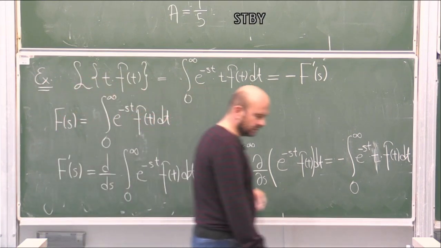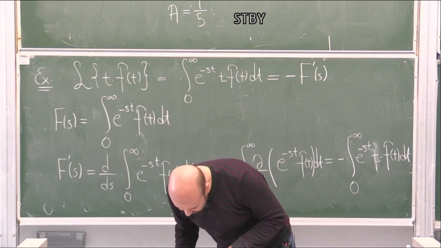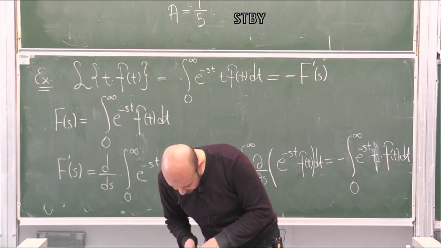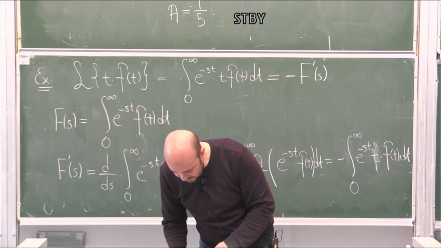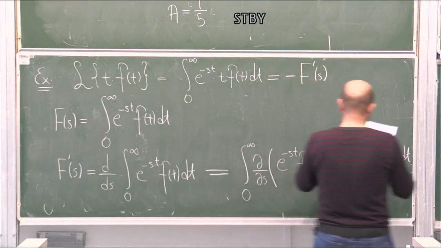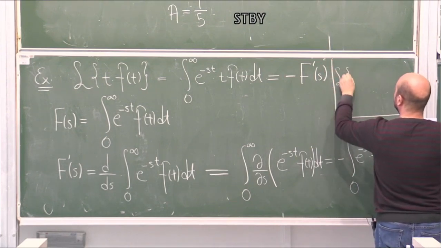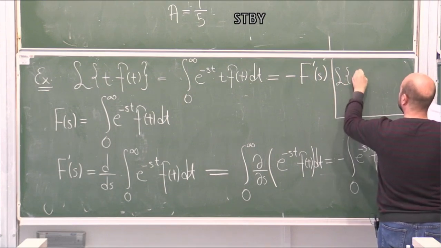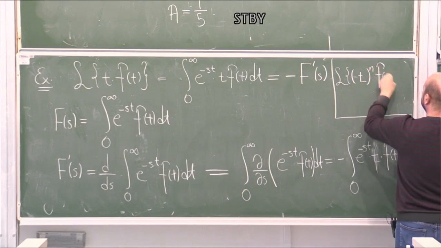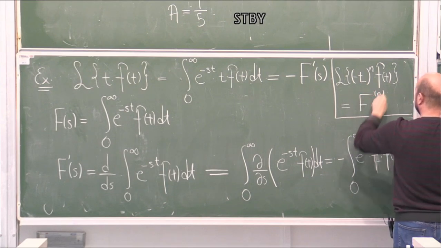And now let's write the formula as given in 11, or as given in 19. So 11 is just a special form of 19. So let me write this way. As in the table here, it says that the Laplace transform of minus t to the n times f of t is equal to the nth derivative.